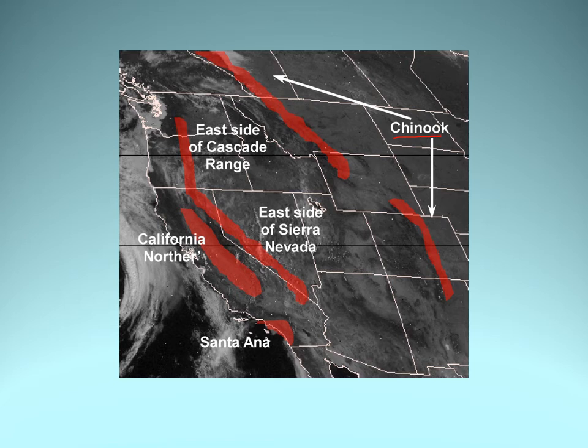Sometimes they call these snow eaters because, for example, Denver, Colorado may have snow, but when these warm, dry winds flow off the east side of the Rocky Mountains, they can very quickly melt snow. Around here, the most famous downsloping wind is the Santa Ana wind.